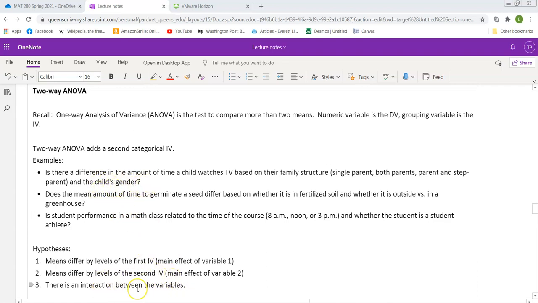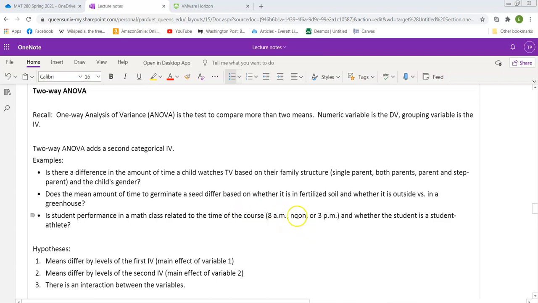And then third, is there an interaction between the variables? So what do we mean by interaction? Well, sometimes it's possible that the dependent variable behaves differently for a combination of variables than it does for just one variable at a time.